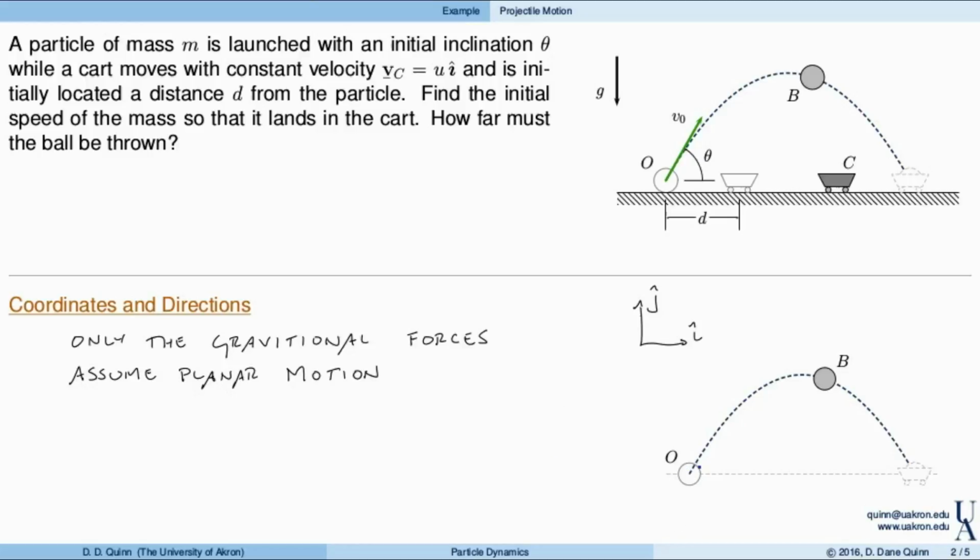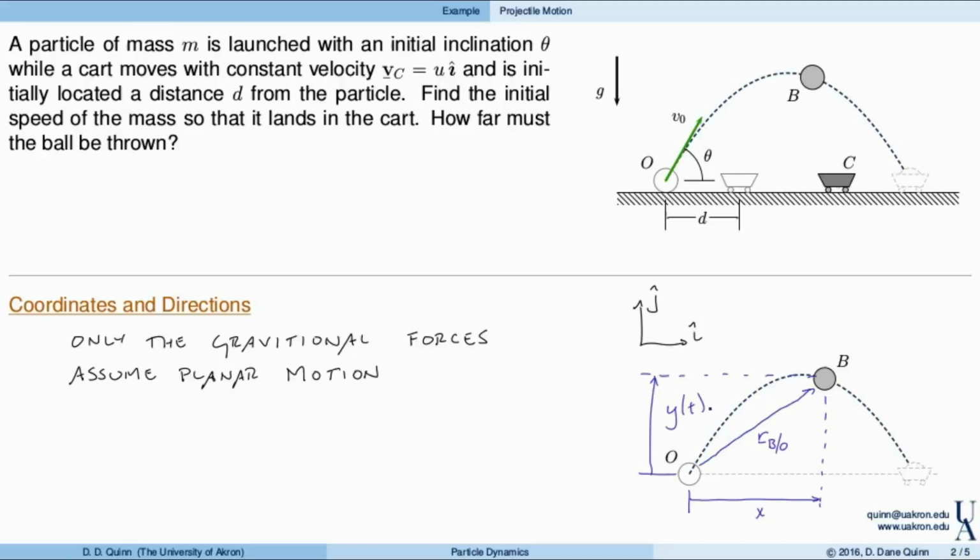Then, if I look at the position of this particle, let's define a position vector as r of b with respect to O. Then, using Cartesian coordinates, we will identify the component in the I direction as measured by the coordinate x, and in the j direction we will measure the displacement as y.